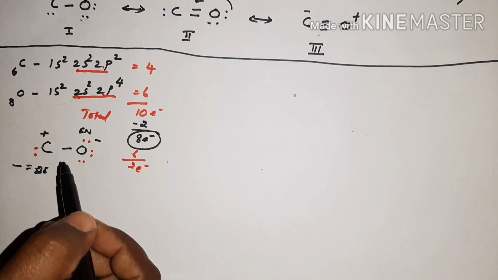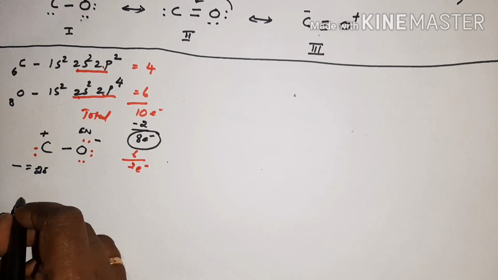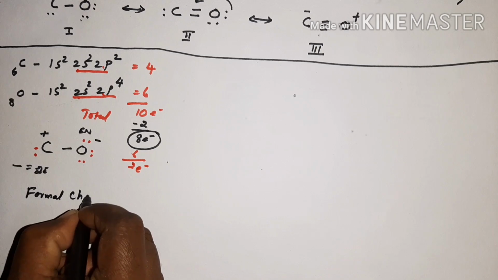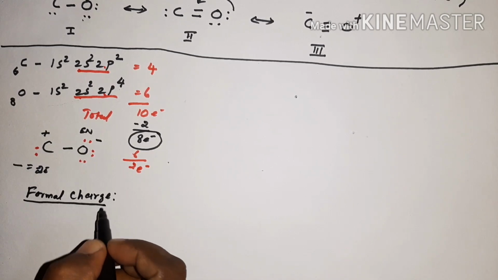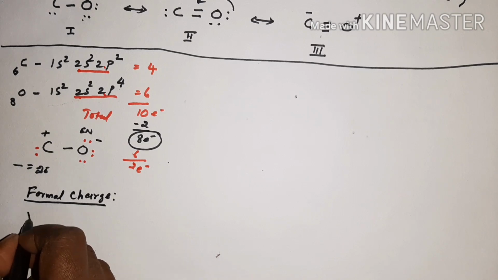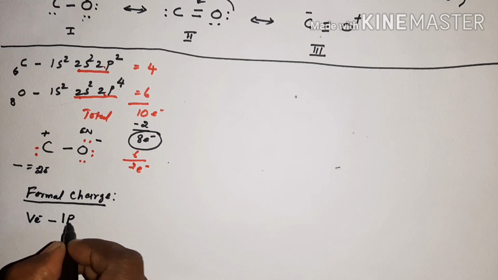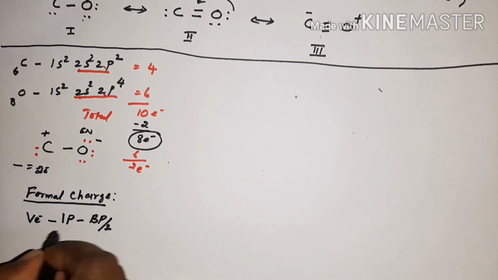For that, you already studied in class 7, that is formal charge. For formal charge, there is one simple formula: valence electrons minus lone pair electrons minus bond pair electrons divided by 2.